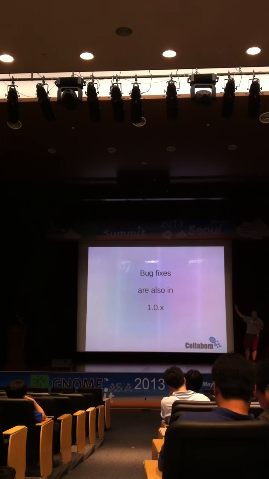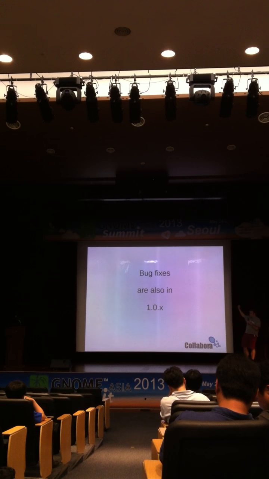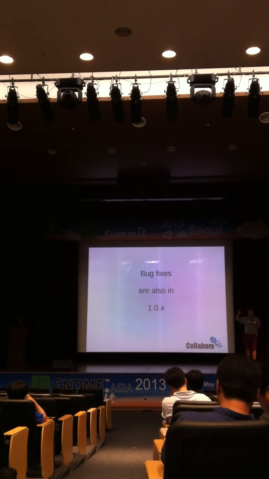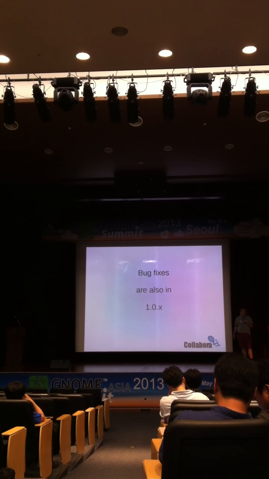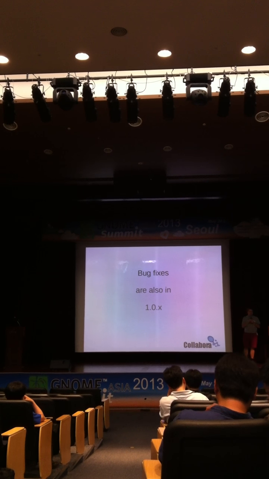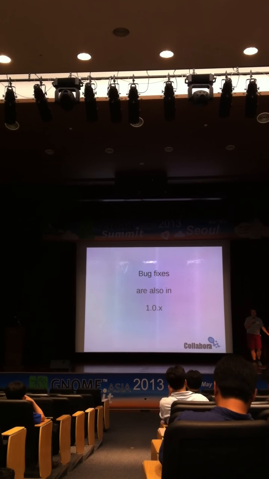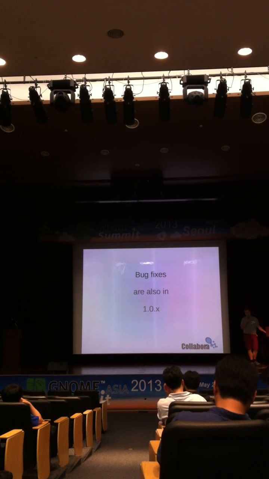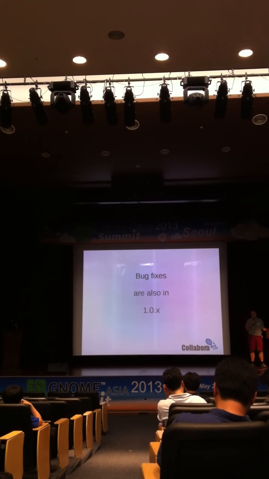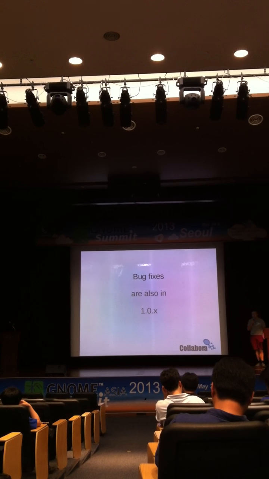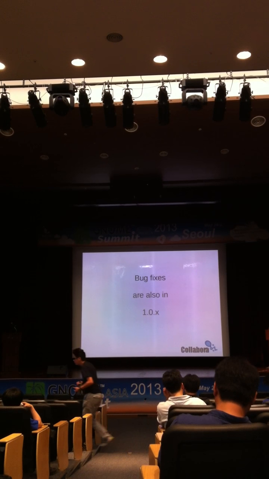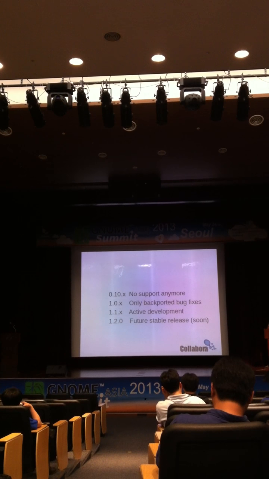For example, after the 1.0 release, we have 1.0.something, and these are all purely bug fixes on 1.0. We will do the same thing for 1.2, and Linux distributions now have 1.0.7. I think that's the latest one, which has a lot fewer bugs than the original 1.0, with no new features.